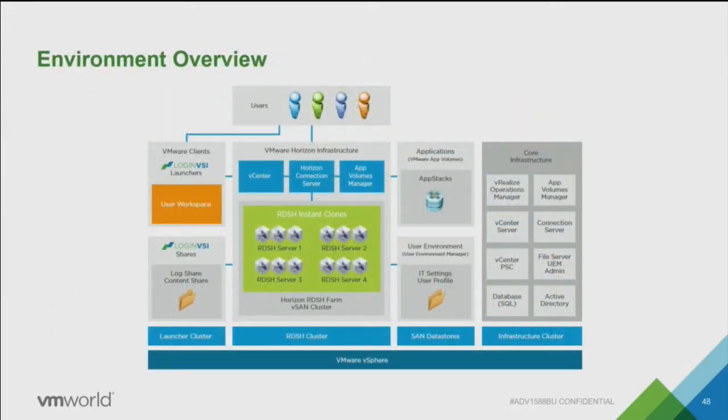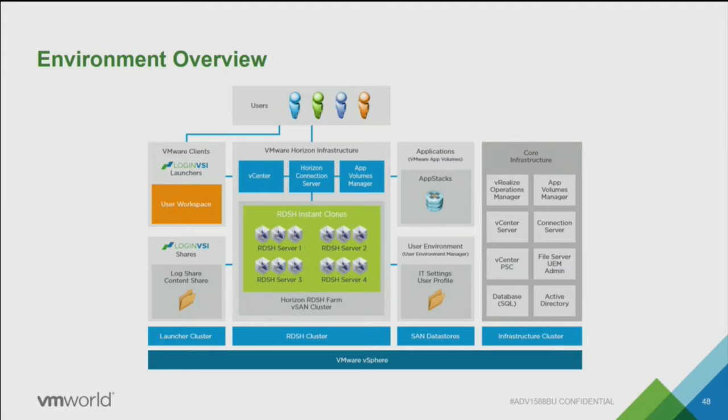So this is the overview of the environment. We've got the different clusters. We'll go right to left with this, looking at the infrastructure cluster, which is, once again, where all of the core components, like the connection servers and App Volumes managers, resided. We have the RDSH cluster, which has the 4 compute nodes as part of the vSAN cluster.